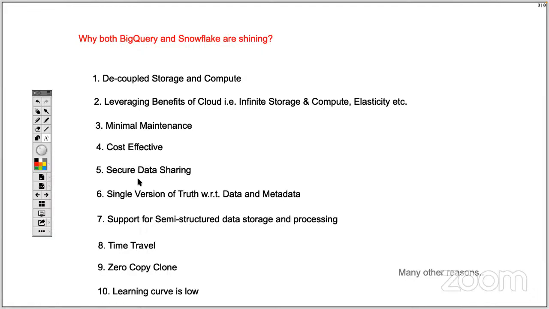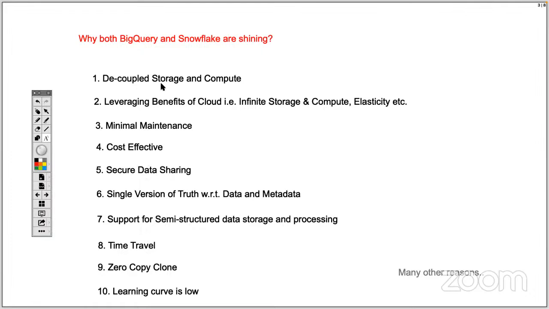Then there is secure data sharing. That means you don't have to move data from one system to another system or create multiple copies, and you can easily share the data in a secure manner. There are many benefits of doing this. You can share data with your clients, with your partners, publicly, or with different departments.